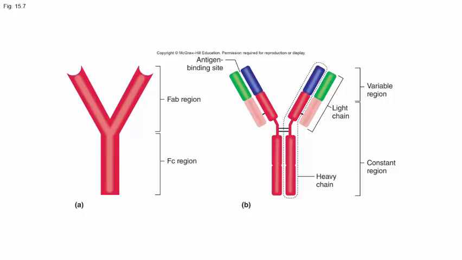The amino acid sequence of the variable region determines the antigen binding specificity. Antigen-antibody binding occurs by non-covalent binding. Now, this is important. We are not forming a permanent bond. It is not covalent, and it can be reversible.